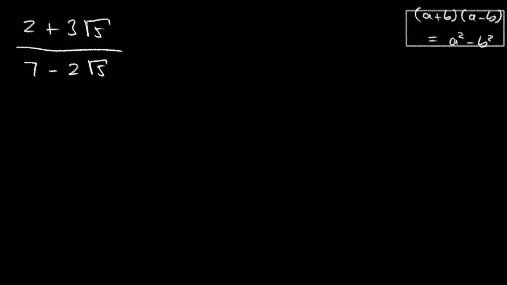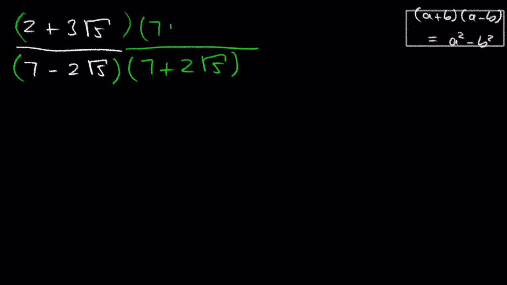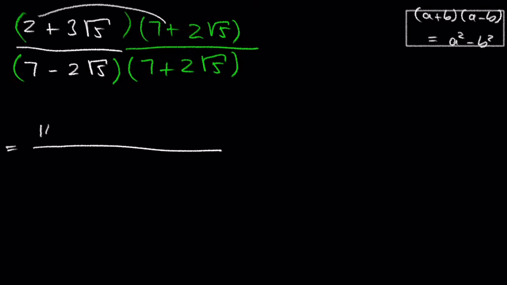The conjugate of 7 minus 2 times the square root of 5 is 7 plus 2 times the square root of 5. 2 times 7 is 14. 2 times 2 times the square root of 5 is 4 times the square root of 5. 3 times the square root of 5 times 7 is 21 times the square root of 5.